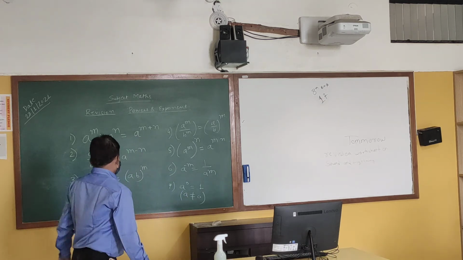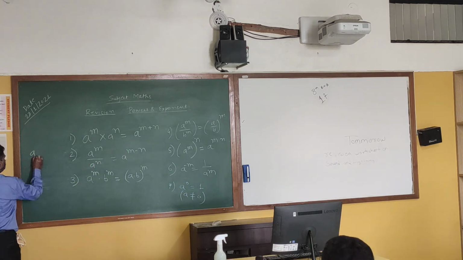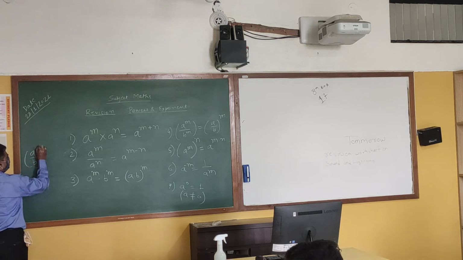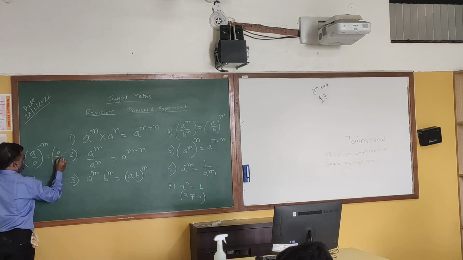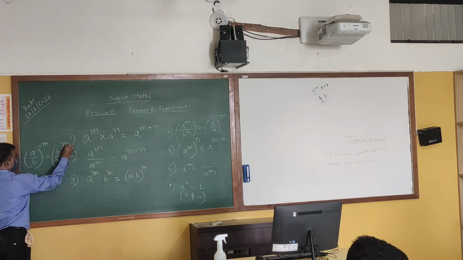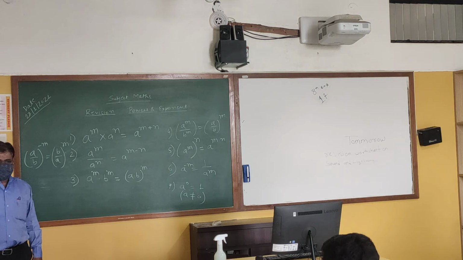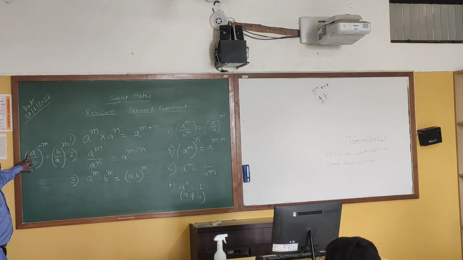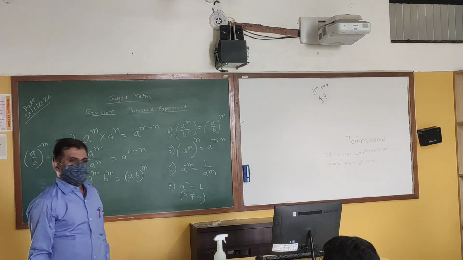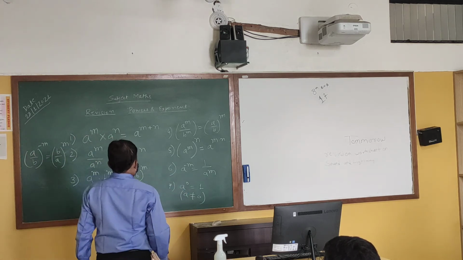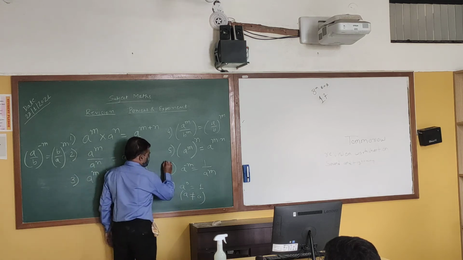When you have (a upon b) raised to power minus m, you write it as (b upon a) raised to power m. So it is very clear: a raised to power minus m becomes 1 upon a raised to power m, and 1 upon b raised to power minus m is 1 upon 1 by b, that is b raised to power m. So that is a form of this only. Basic rule is this only.